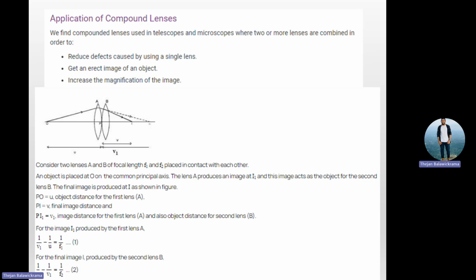Here P is the lens position. We have PI and PI1, not 1 and 2. PI is the final image distance, and PI1 is the image formed by the first lens.